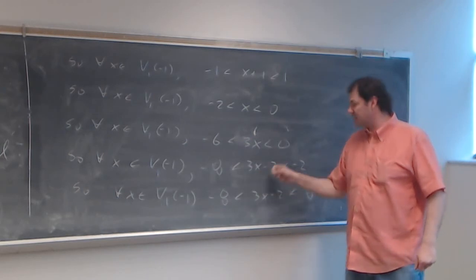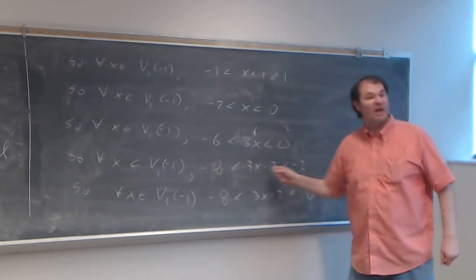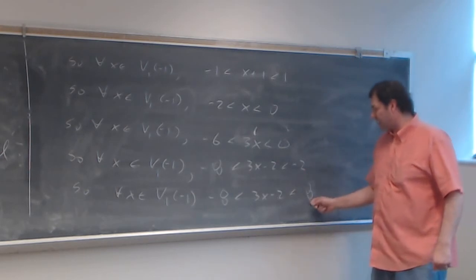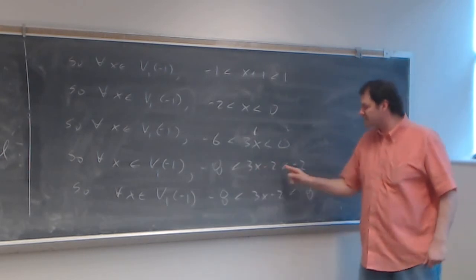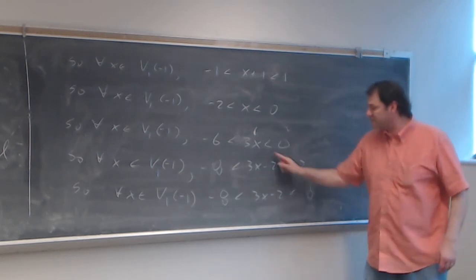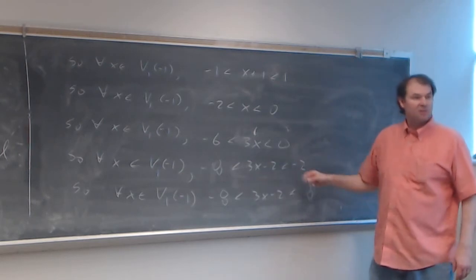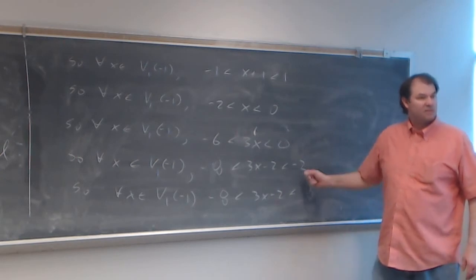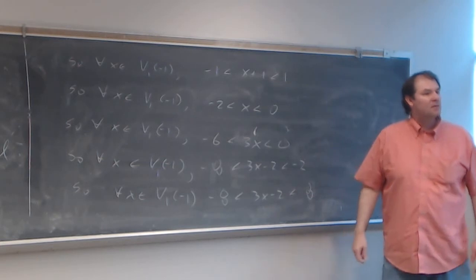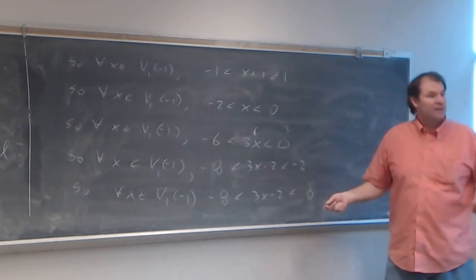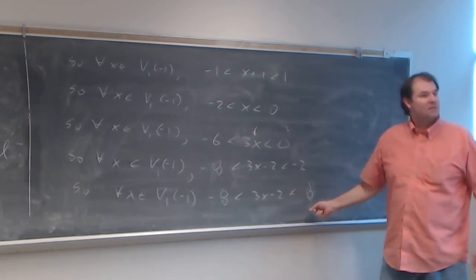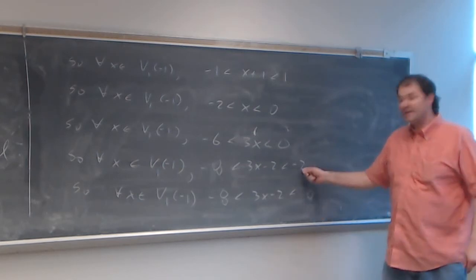To be able to say something about the absolute value, we need a negative number here and its positive version over here. What I'm doing is I know that 3x minus 2 for these x values is less than minus 2. If this quantity is less than minus 2, Megan, it's less than 0. And if it's less than minus 2, it's going to be less than 3, and it's going to be less than 8, because 8 is bigger.